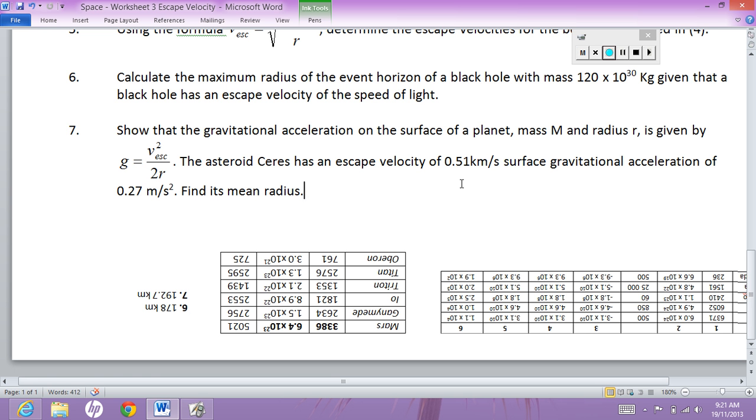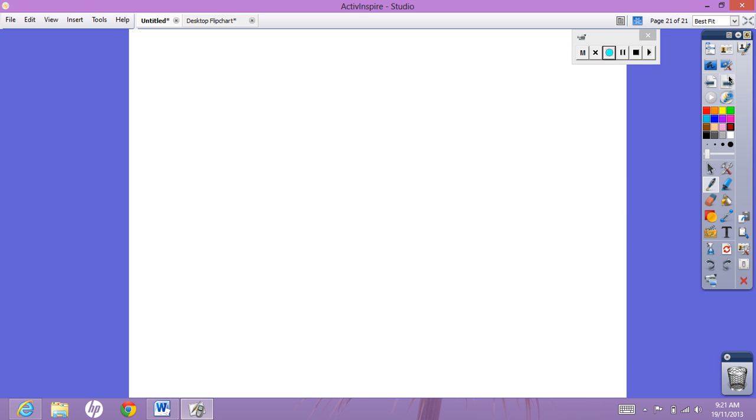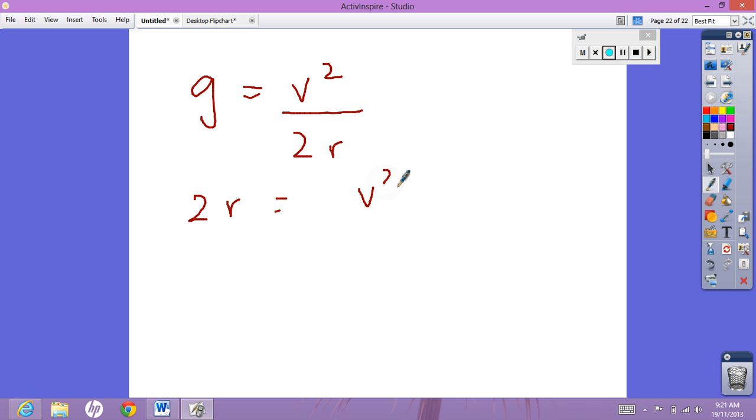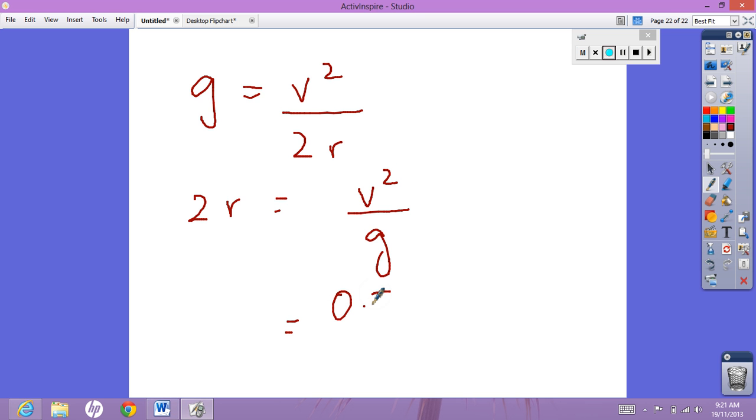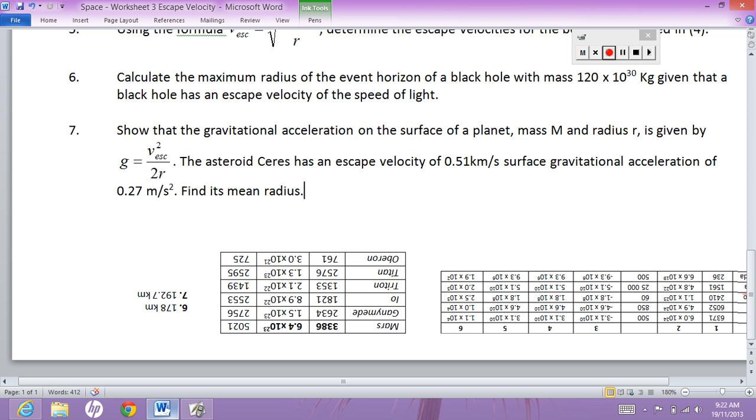We get g equals v squared on 2R, which means 2R would equal v squared on g, and v squared would be 0.51 times 1,000, because that was in kilometres, and we need to square that, over the value for g, which was 0.72.